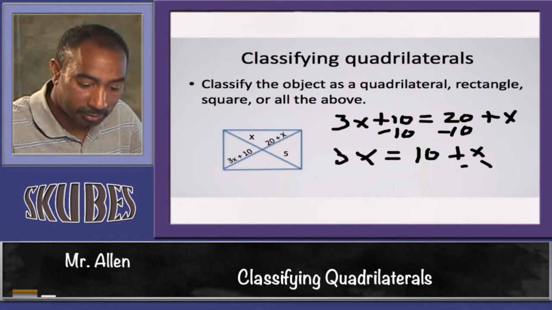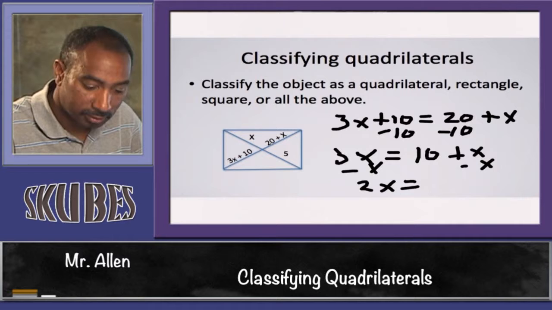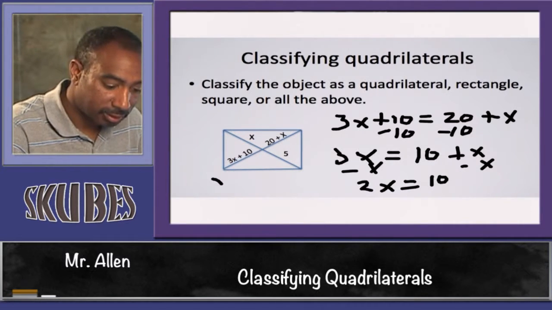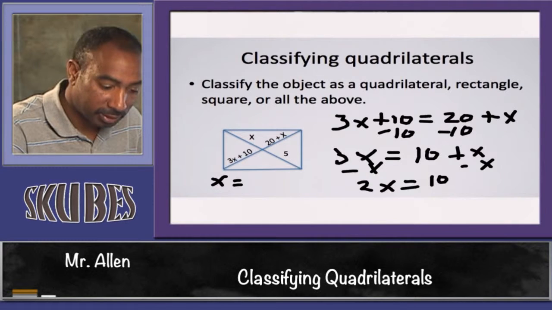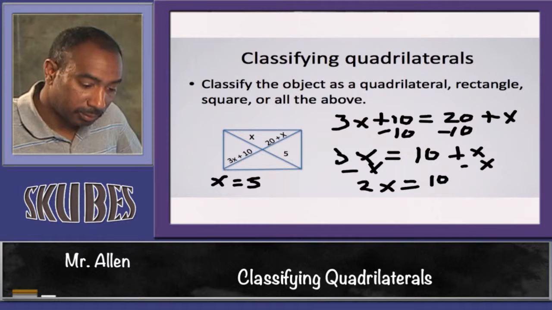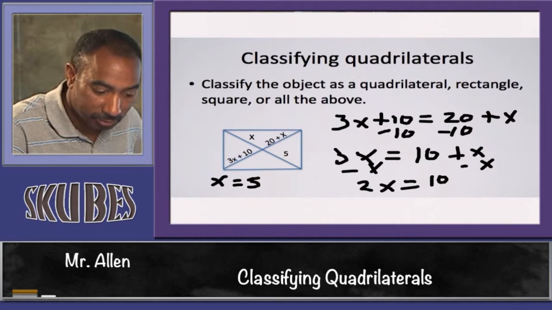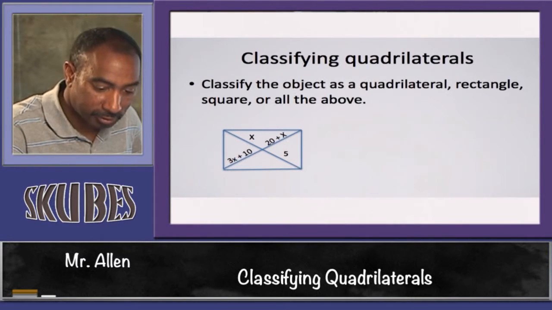If I subtract x from both sides, I get 2x equals 10. And if I divide both sides by 2, I'm going to get x equals 5. So what I have to do is plug in x equals 5 to see if that's true.